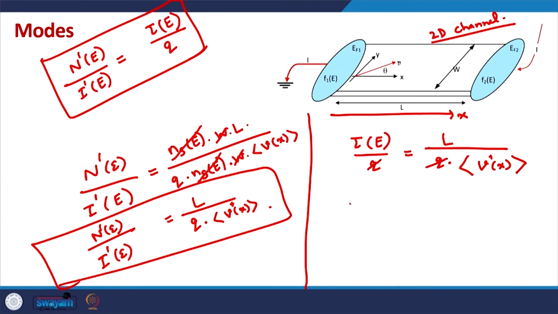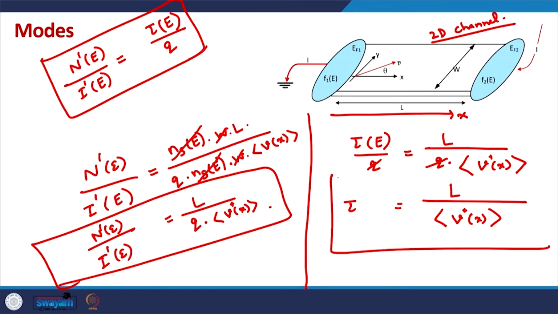The transit time of the electron at energy level E will be L by velocity of electrons in the positive x direction. This is the expression that we obtained for the transit time, or the characteristic time of the device.